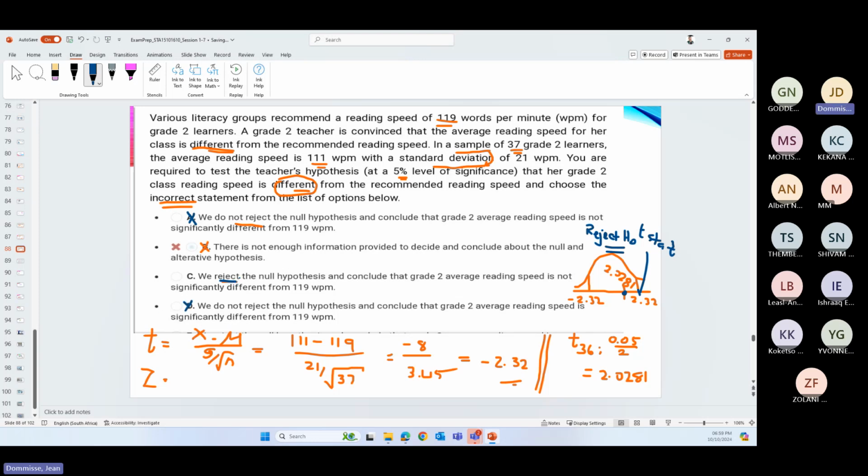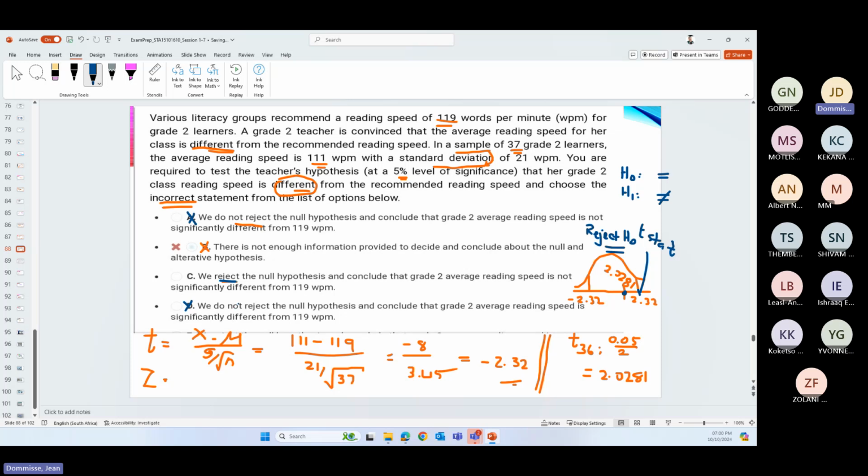Okay, so we reject the null hypothesis and conclude that grade 2 average reading speed is not significant different from that. Was where we do not reject the null hypothesis. And so your null hypothesis is that the reading speed is the same. Alternative hypothesis is that it is different.